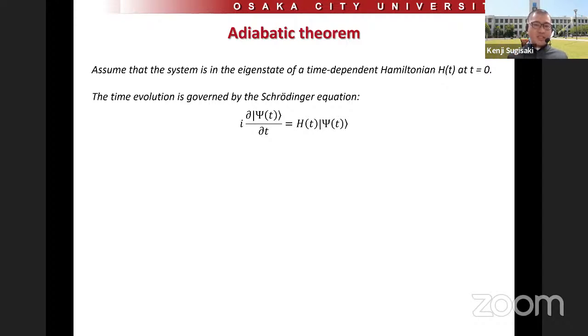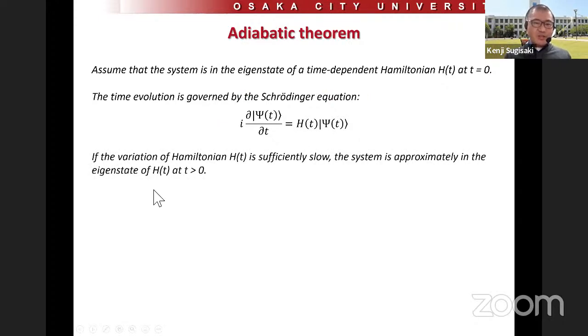Of course, in the conventional QPE-based approach, we think about the time evolution under a time-independent Hamiltonian. But in this case, we think about the time evolution under a time-dependent Hamiltonian, governed by the Schrödinger equation. So here is the time-dependent Schrödinger equation.